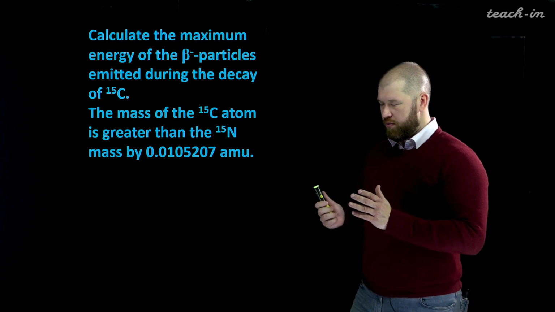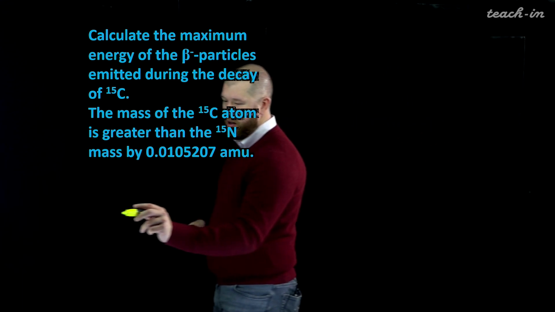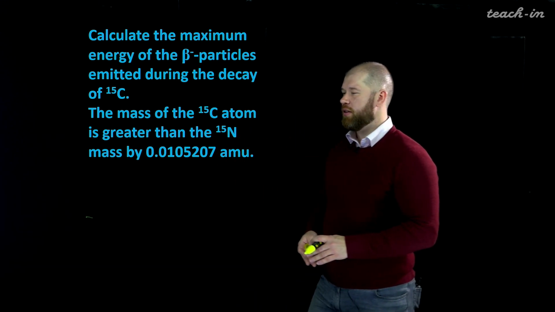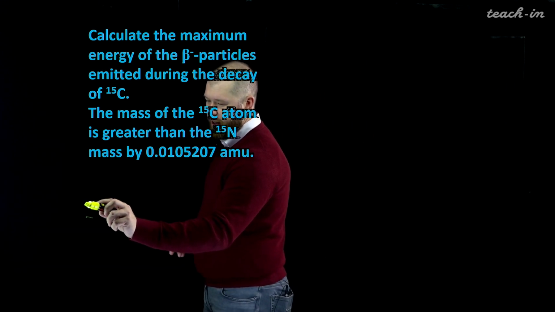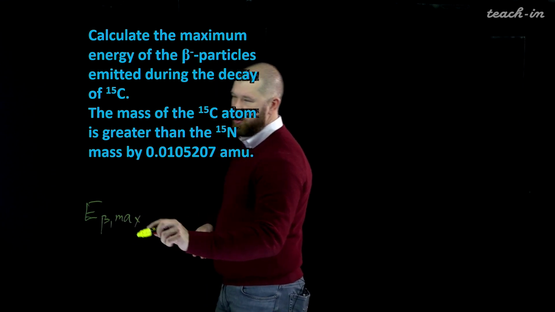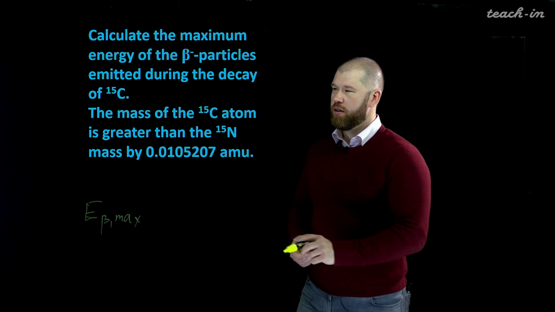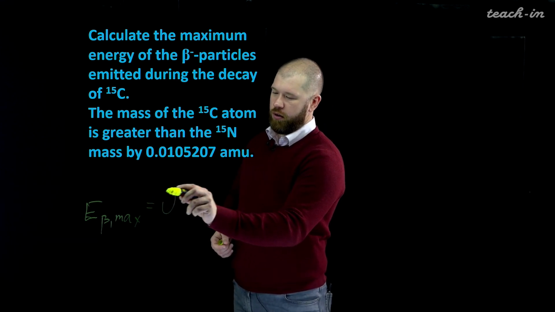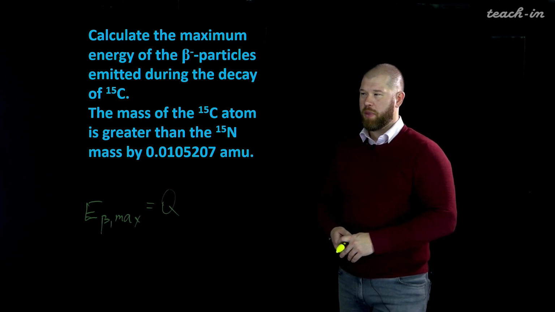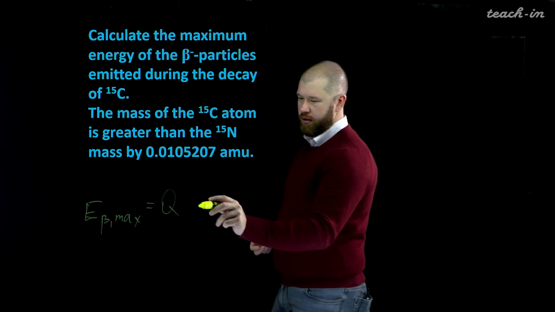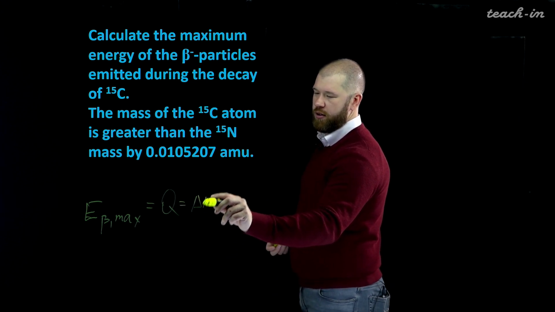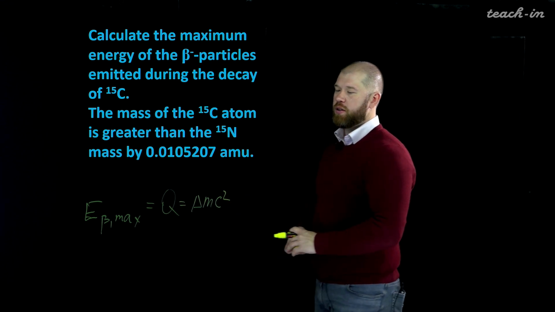It is only for beta decay, any type, beta minus or beta plus, it doesn't matter, that the maximum energy of the released beta particles is equal to the energy of the nuclear decay. And the energy of the nuclear decay, we remember, is delta m c squared.